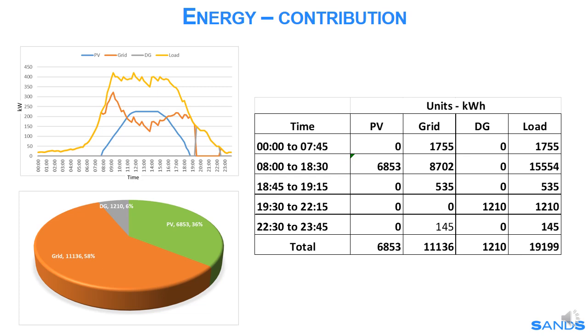From 6:45 pm to 7:15 pm, with no power from PV, the grid supports 535 units, and with grid failure from 7:30 pm to 10:15 pm, the diesel generator provides 1210 units. Again, with the grid power restored, it provides 145 units till midnight. The contribution for the day from the grid is 58%, PV 36%, and diesel generator is 6%.